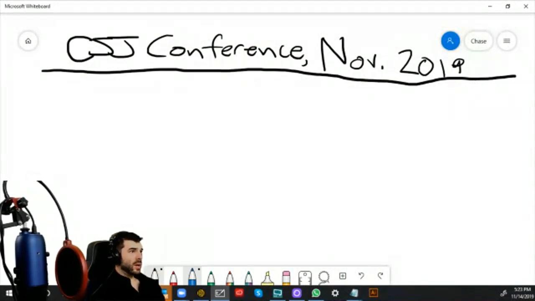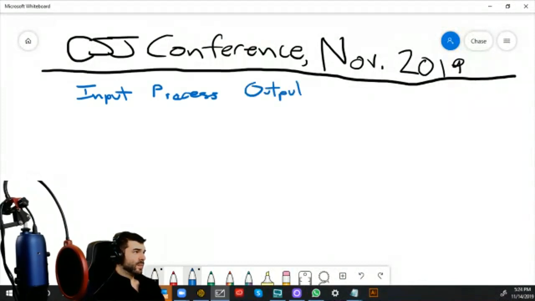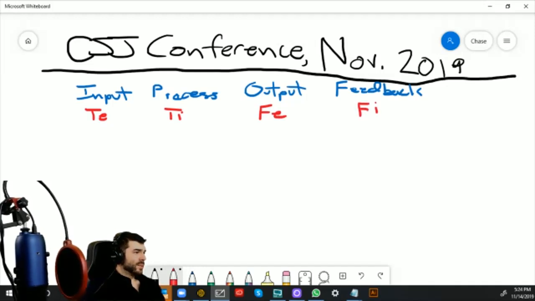So we all are aware of input, process, and then output, and then feedback. Input, process, output, feedback. And then we have TE input, TI process, FE output, and then FI feedback.